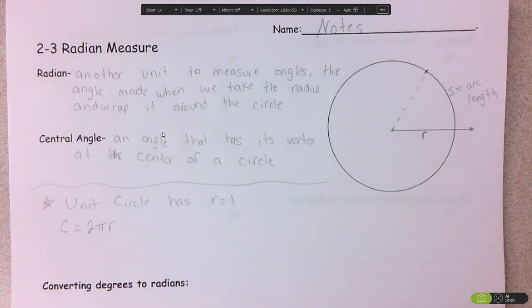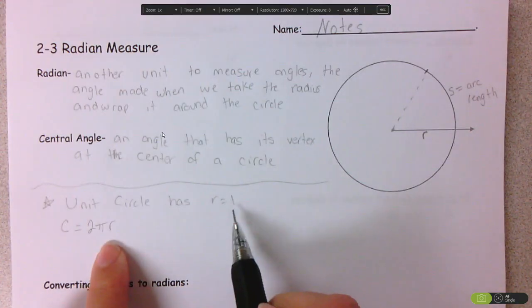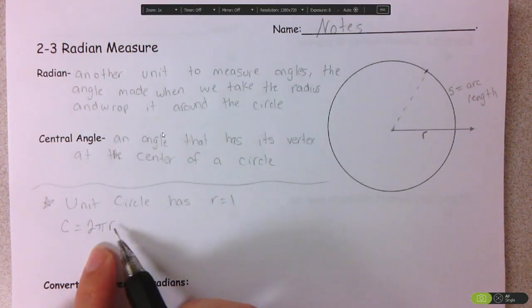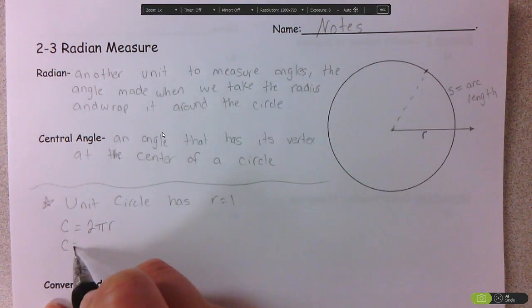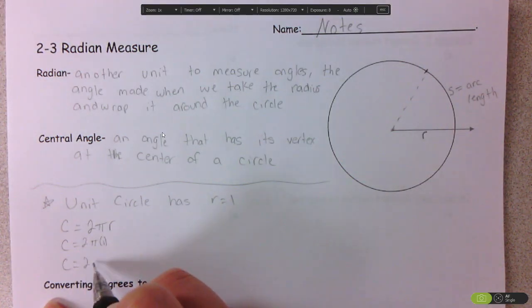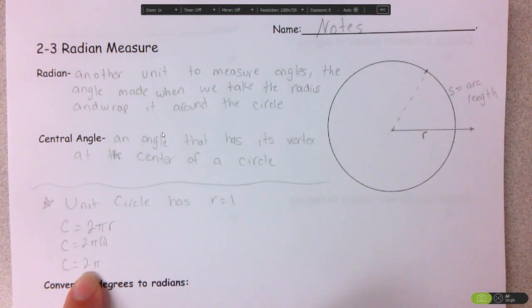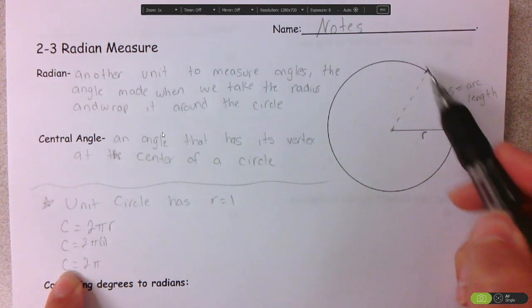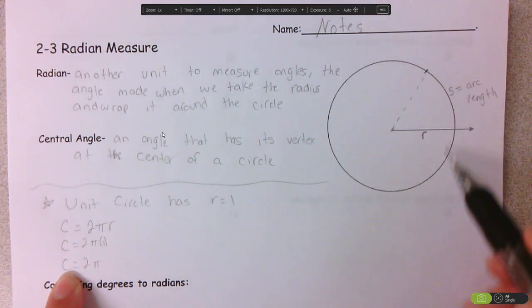Since we know the unit circle has a radius of 1, c equals 2 pi times 1, and 1 times anything is just itself, so the circumference is going to equal 2 pi.